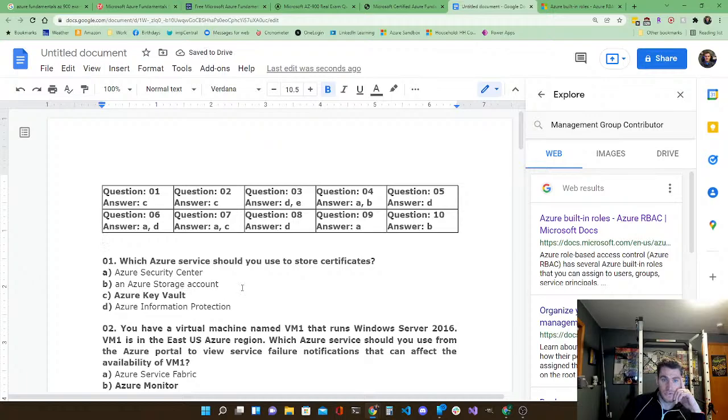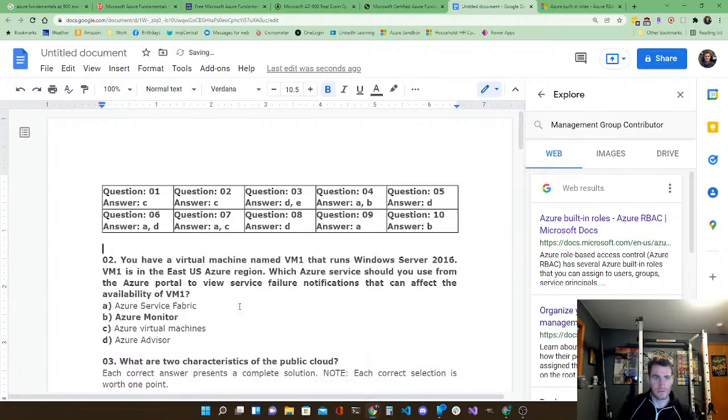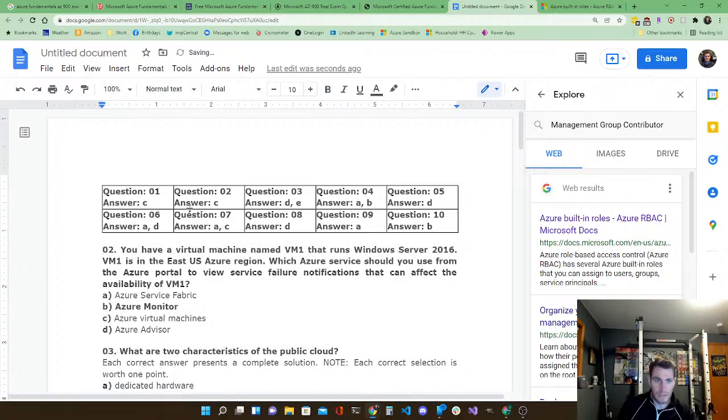So C, Azure Key Vault, cool. And then I'll just maybe start deleting stuff out. Oh, okay, so yeah, I remember this one. We weren't quite sure which Azure service you used to monitor the service failure notifications.